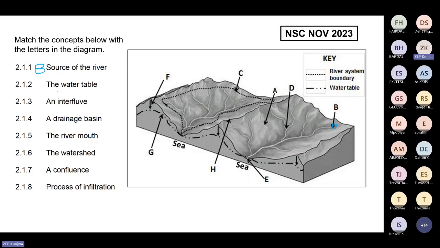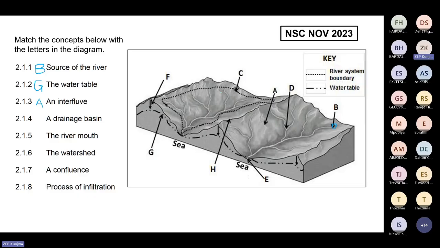And then we have an interflow. An interflow is an area that is a high-lying area separating two streams. So there is an area that is separating that stream and that main river. So that is your A. So 2.1.3 being A. Okay, 2.1.4, and most of you have got it right.